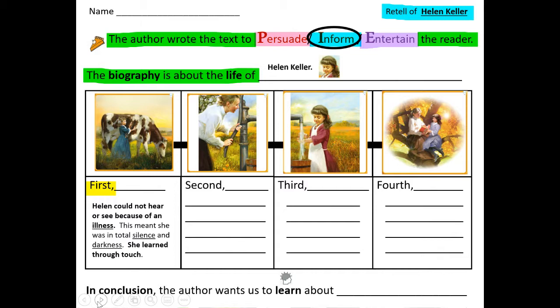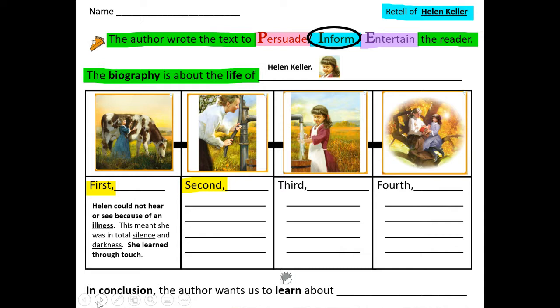She learned through touch. So Helen was born, and when she was a baby, she had an illness. And she could not hear or see because of that illness. And this meant she was in total silence and darkness. She was blind and deaf. So she learned through touch.